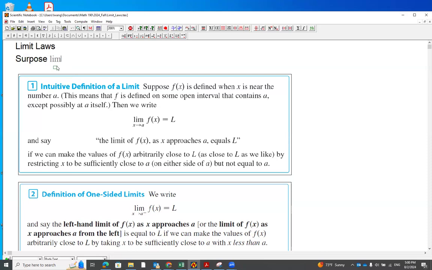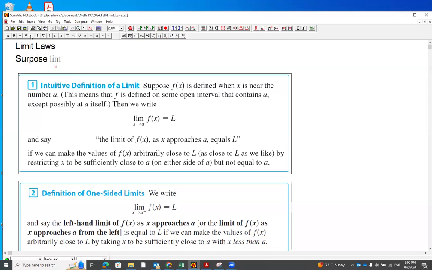The limit as x approaches a of f of x, and the limit of g of x.